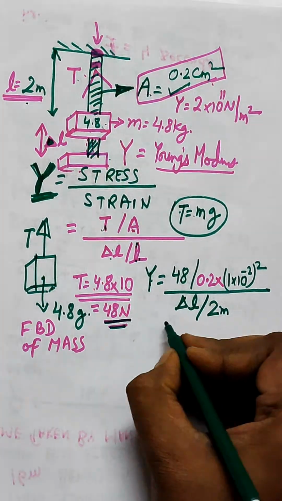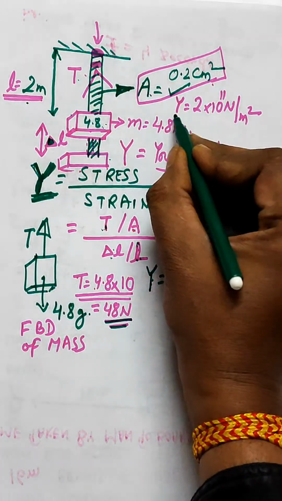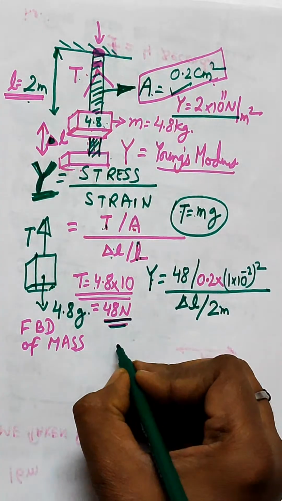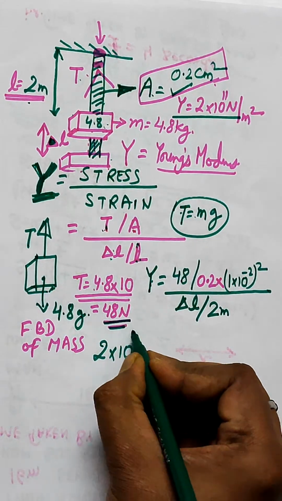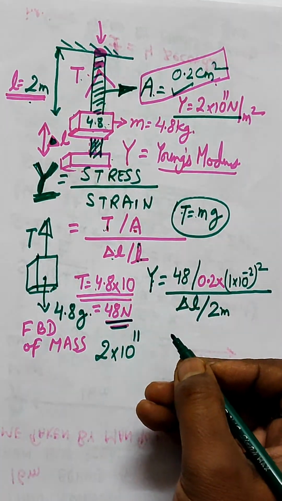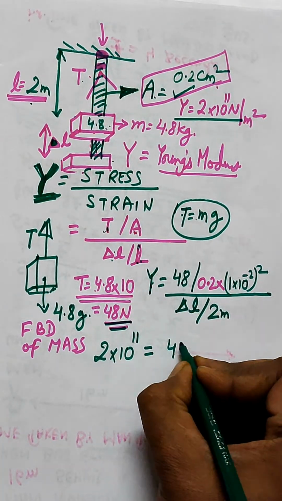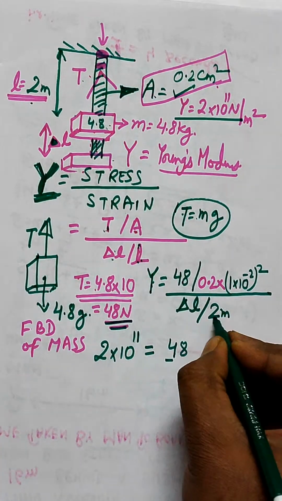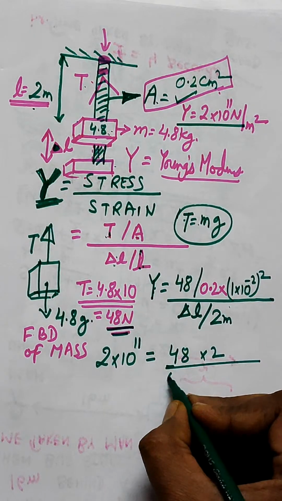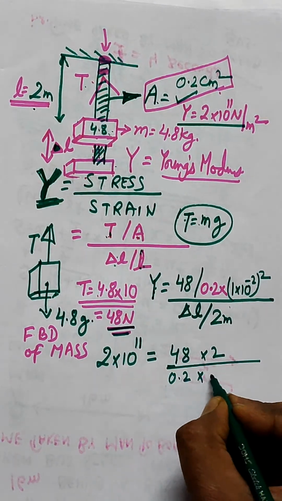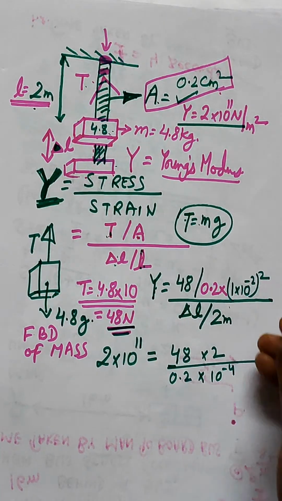Right. So what we are getting, then put up the value of Y. Young's modulus is given as 2 into 10 to the power 11. So putting up the value, 2 into 10 to the power 11, that is the Young's modulus value, is equal to 48. 2 will go upward. 48 into 2 divided by 0.2 into 10 power minus 4, because minus 2 will be squared, centimeter square, right?